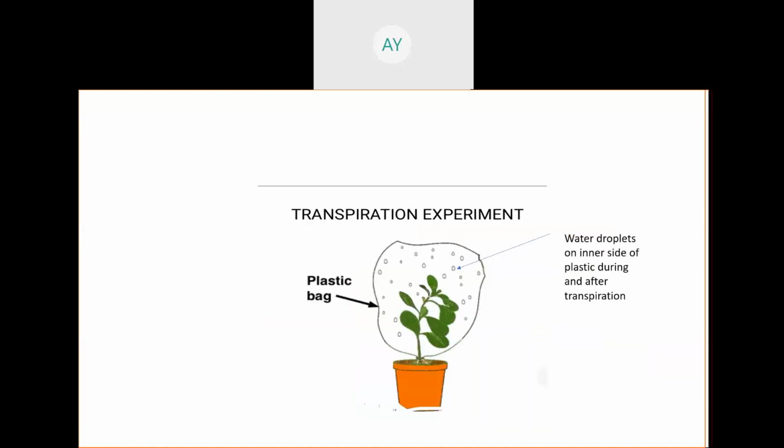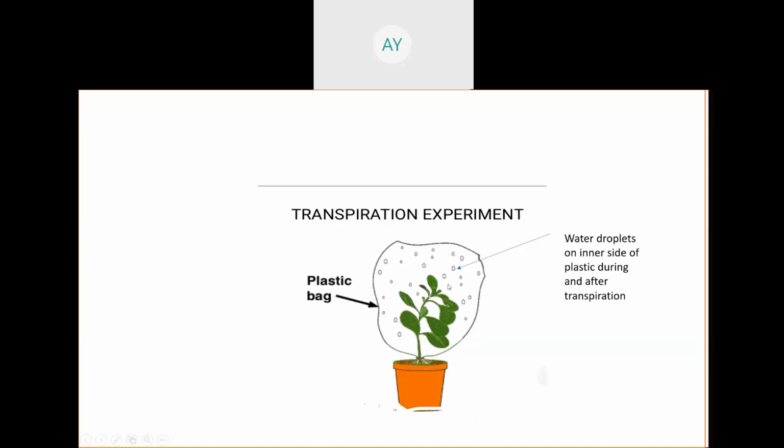So how can you show the process of transpiration? You can do that by an activity. Take a plastic bag, a polythene bag, take a potted plant and cover it. When you cover it in the evening with the plastic bag, you will find in the morning there are water droplets on the inner wall of the plastic bag.